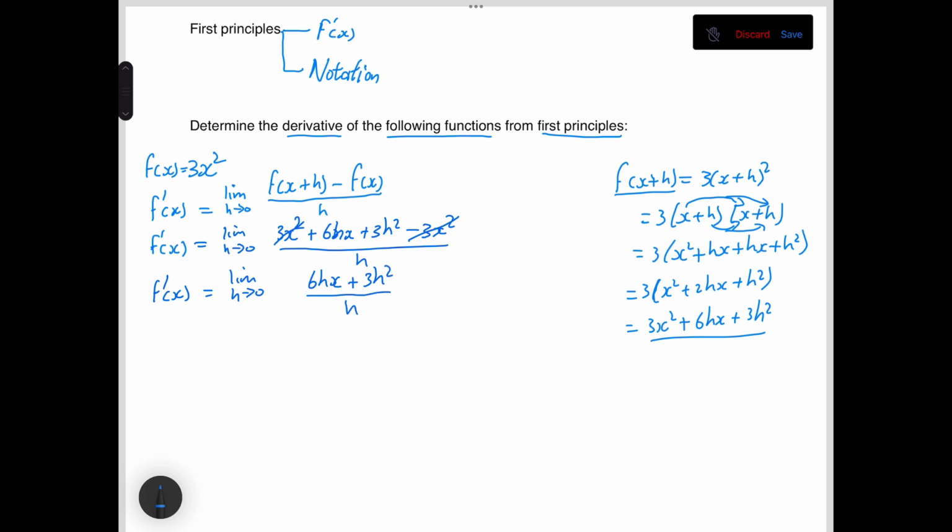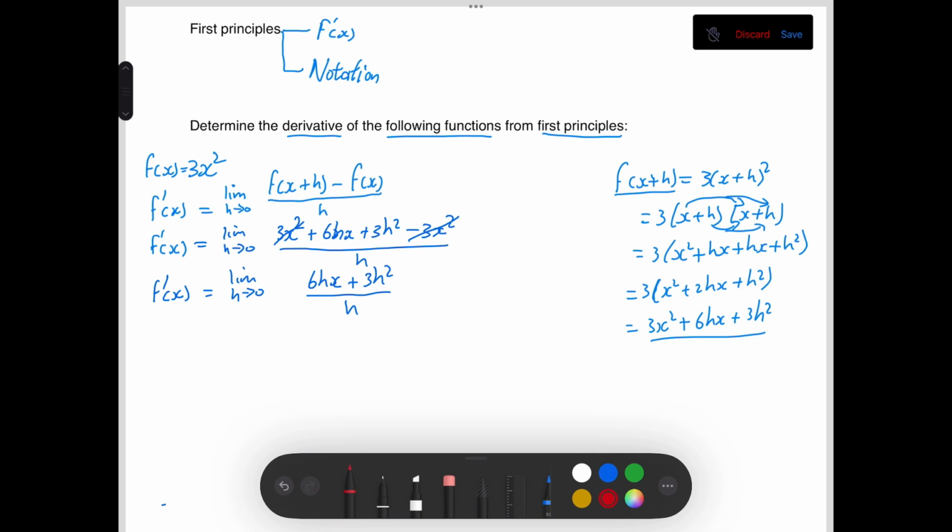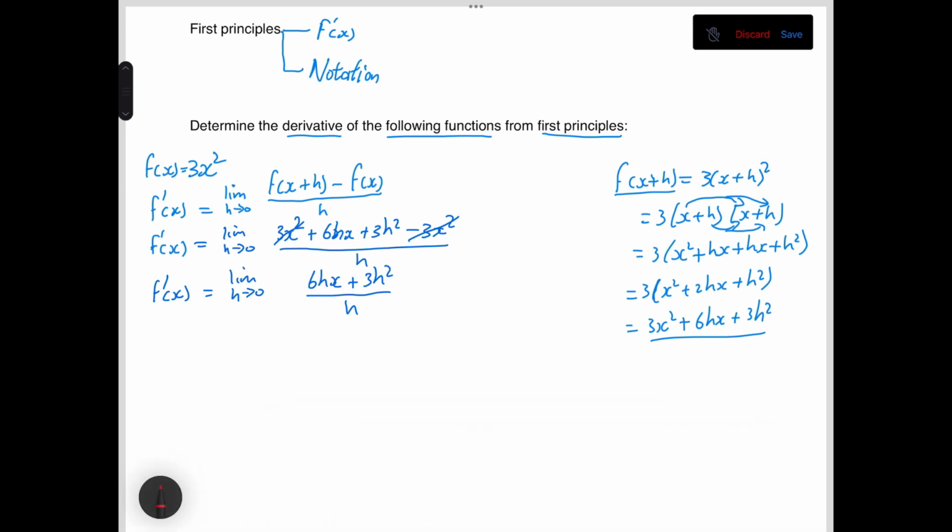Over h. Now on top I can take a common factor out. My common factor on top, what do you think it's going to be? It's going to be h. So f'(x) equals the limit where h strives towards 0. My common factor on top is h, open bracket, what's left is 6x plus 3h, and h at the bottom.